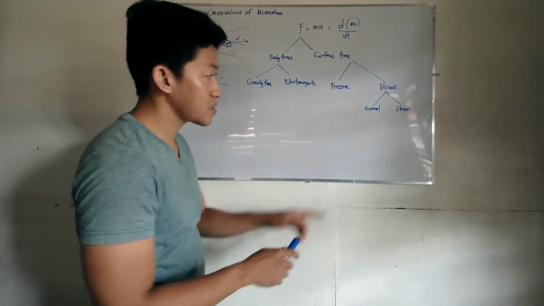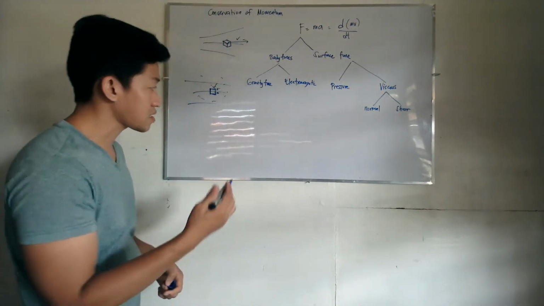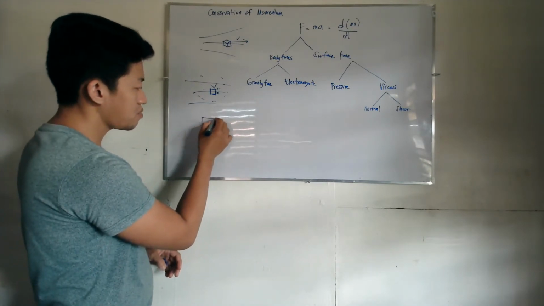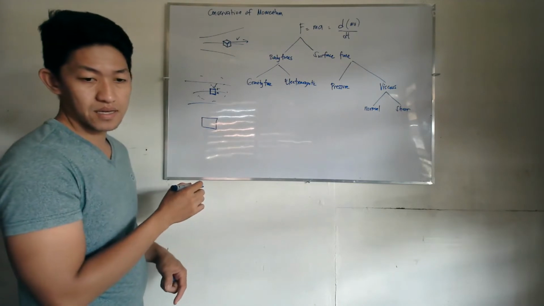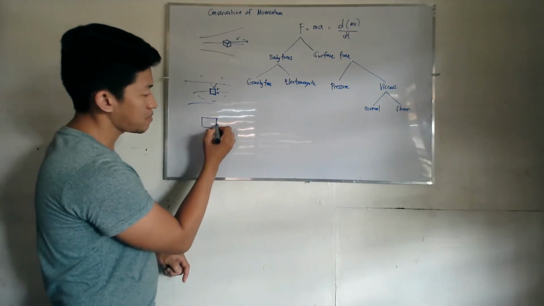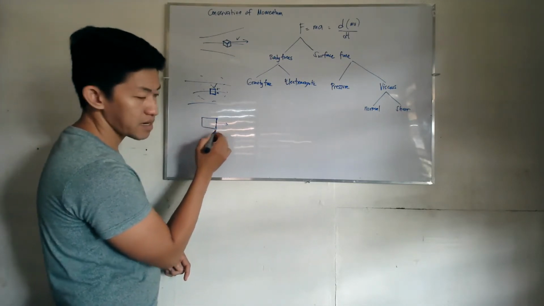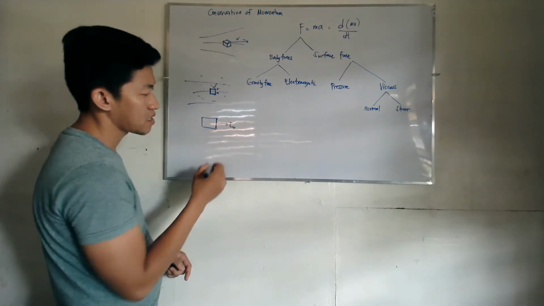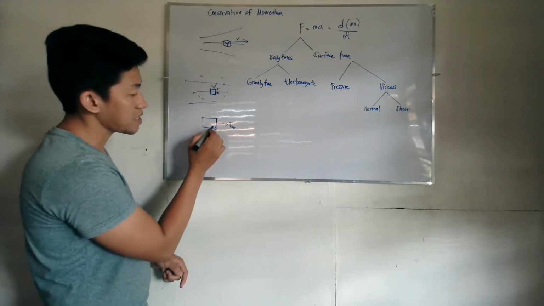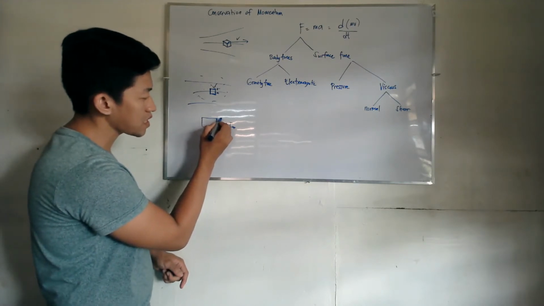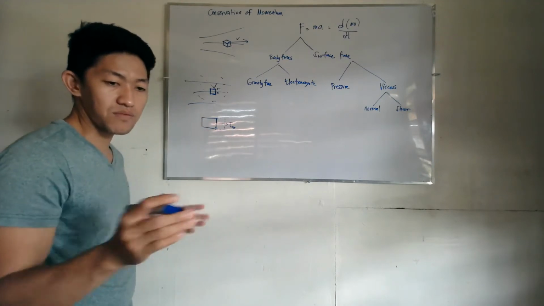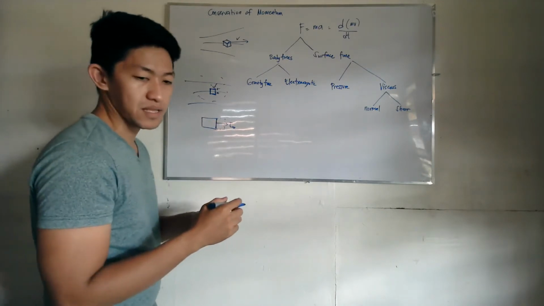Okay, so the normal and shear stresses: the normal stress acts normal, or perpendicular, to the area of the fluid element. Its effect is that it will try to elongate or change the volume of the fluid element.